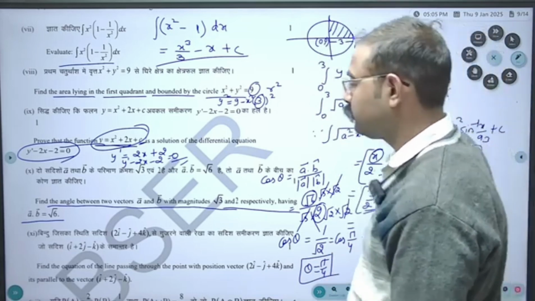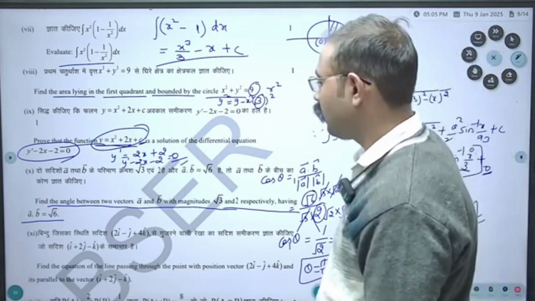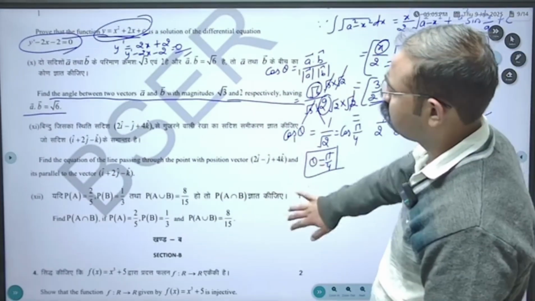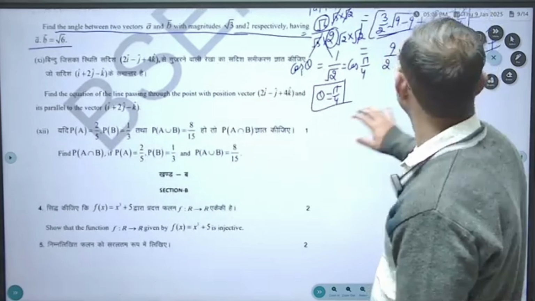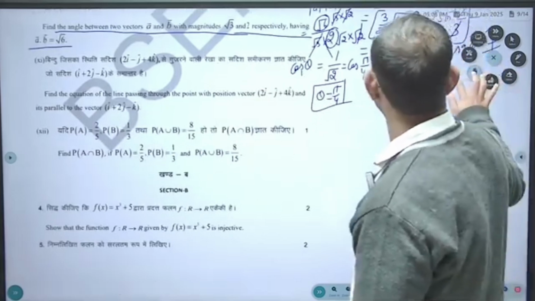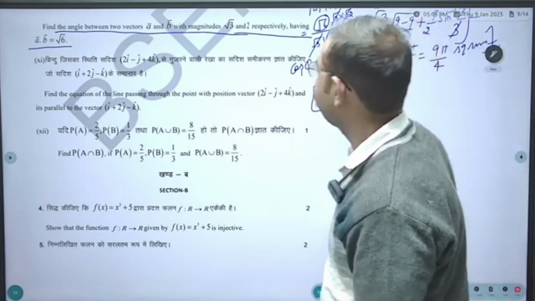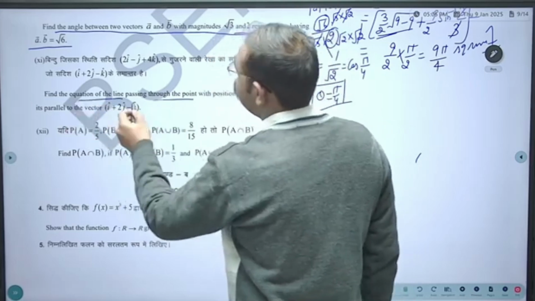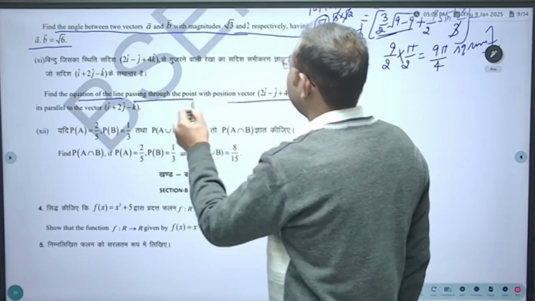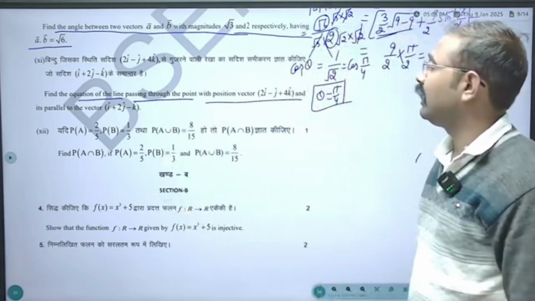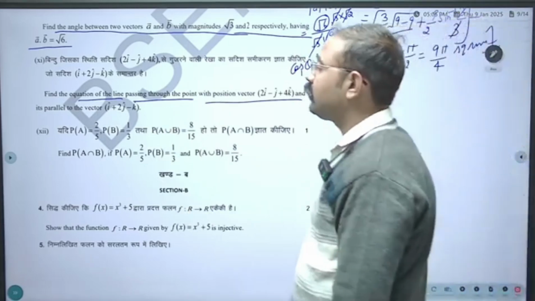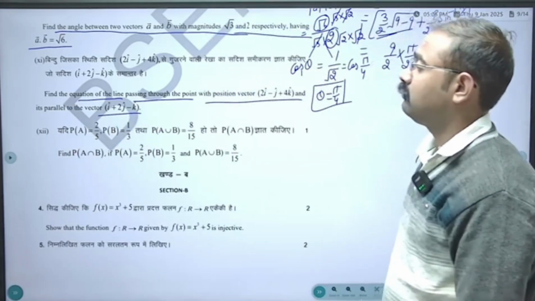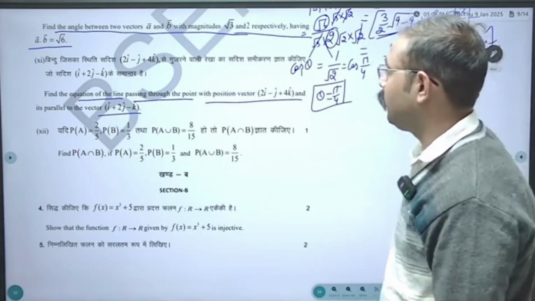Next is: find the equation of the line passing through the point with position vector 2i minus j plus 4k cap and parallel to the vector i cap plus 2j cap minus k cap.